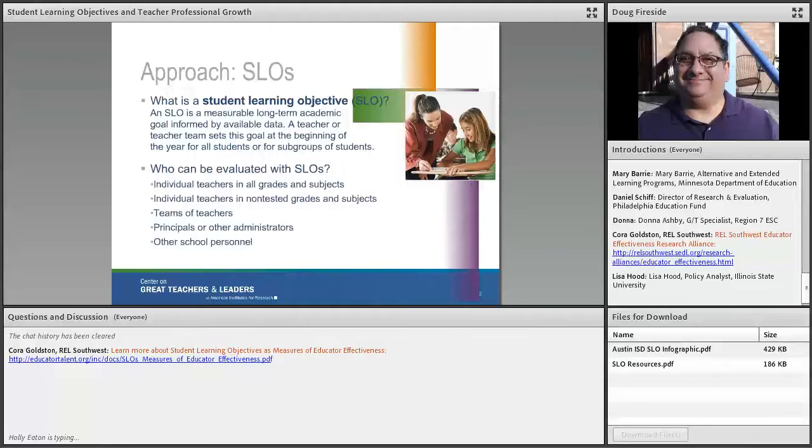These teachers don't have to be tied to state tests. Individual teachers can be assessed, as well as teacher teams, and they can also be used, and are being used currently, for principal and other administrator evaluations.